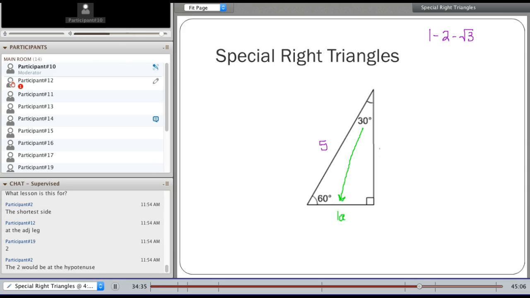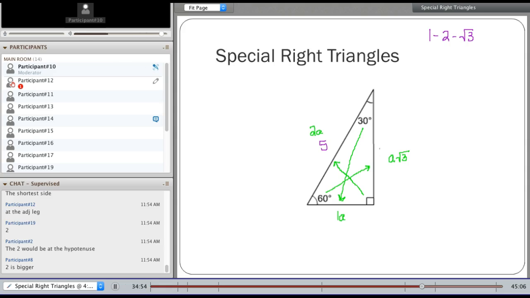And I'll just add an A. This is our ratio, 1A over here. Yeah, you're right, Nate. The 2 is bigger, so the 2 is going to go across from the hypotenuse. So this is going to be 2A. And then the square root of 3 goes across from the 60-degree angle. So A times the square root of 3.